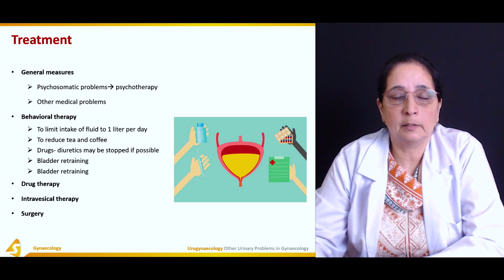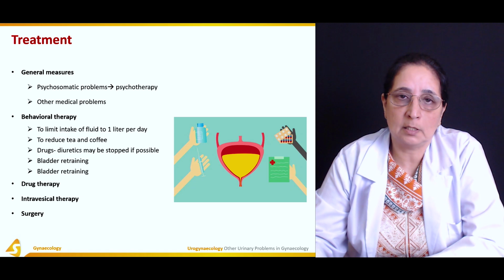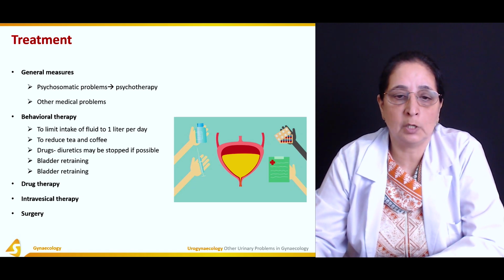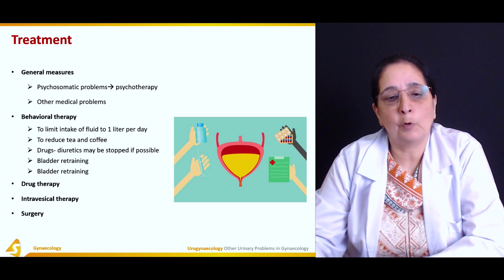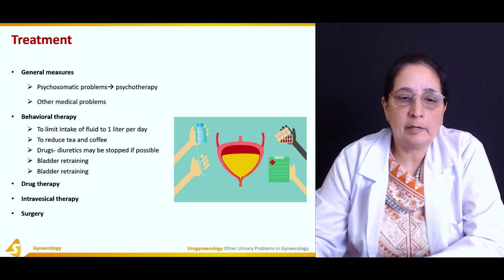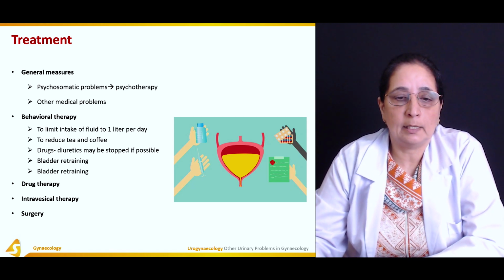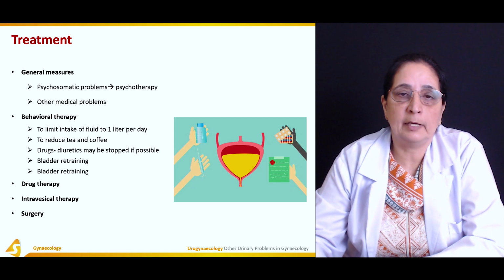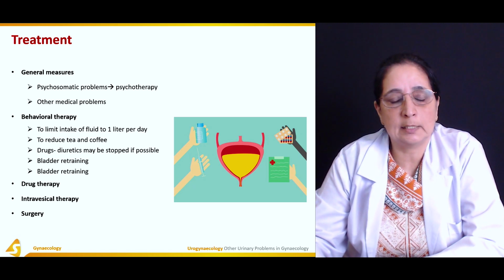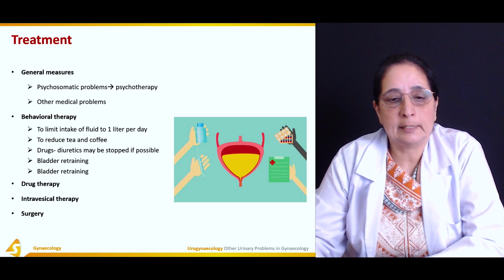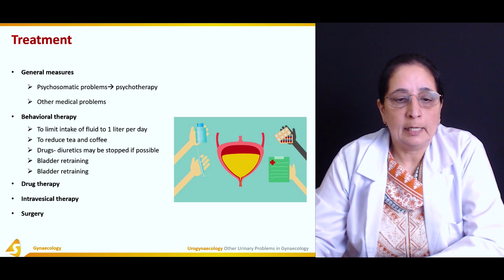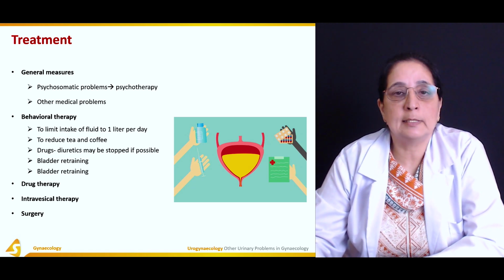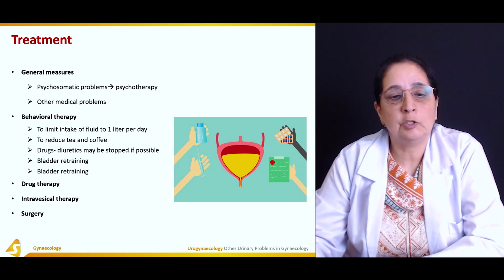Drugs like diuretics that cause increased urinary output can be stopped if possible. Then bladder retraining is very, very helpful to control the overactive bladder. Then we have drug therapy, intravesical therapy, and surgery included in the treatment.